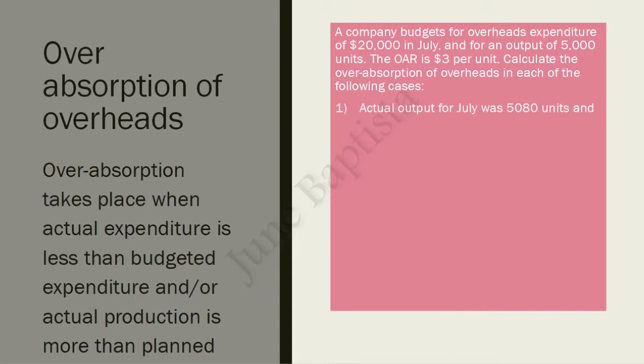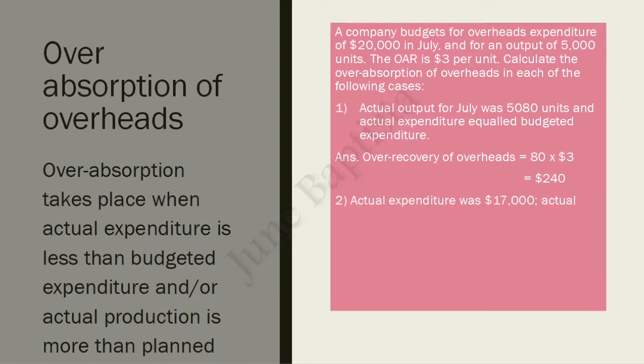Let us take case 1, where the actual output for July was 5,080 units, and the actual expenditure equaled budgeted expenditure. Therefore, overabsorption, or sometimes referred to as over-recovery after the production has been carried out. So over-recovery of overheads is 80, which is 5,080 minus 5,000, times 3, which is $240.